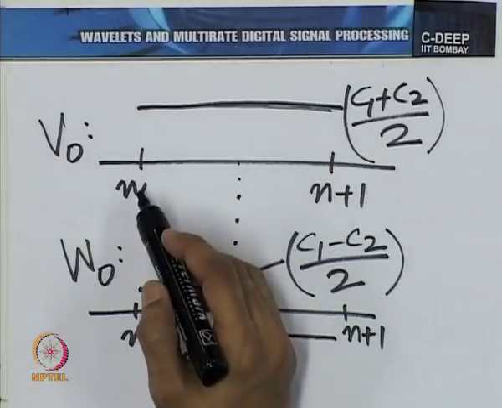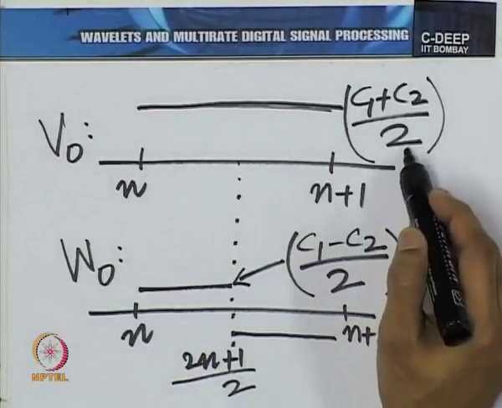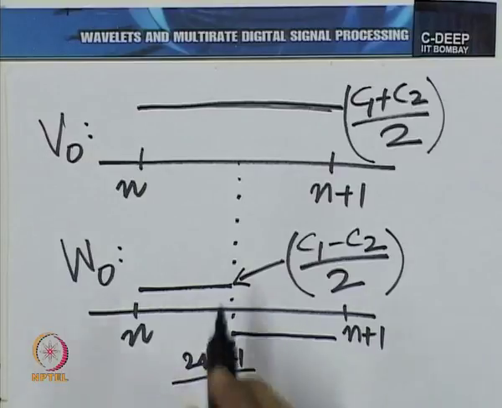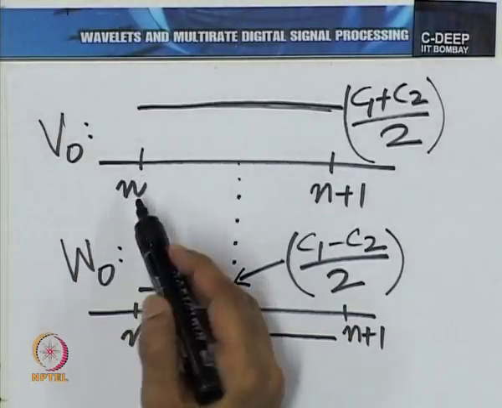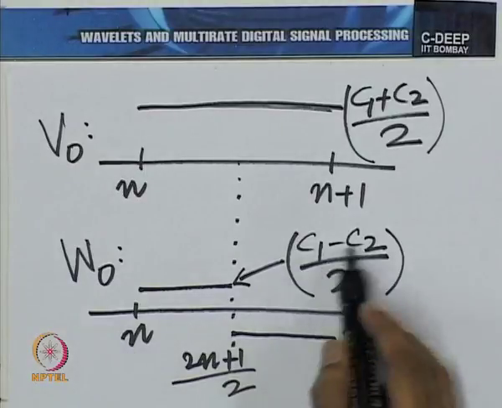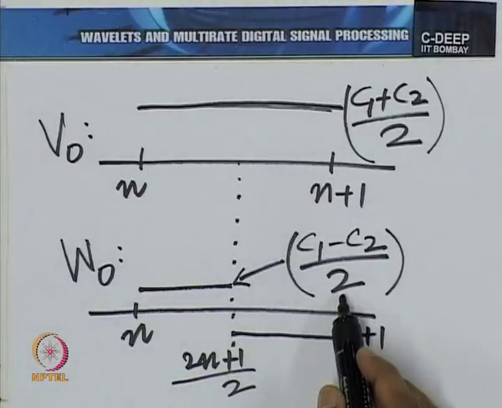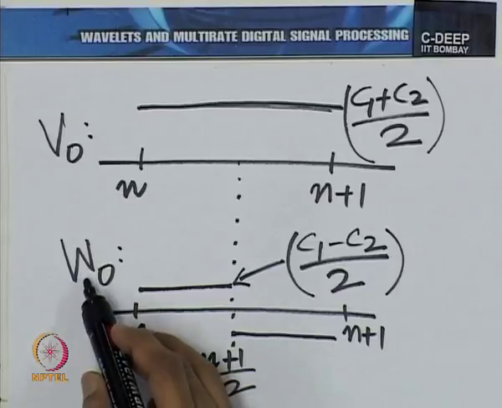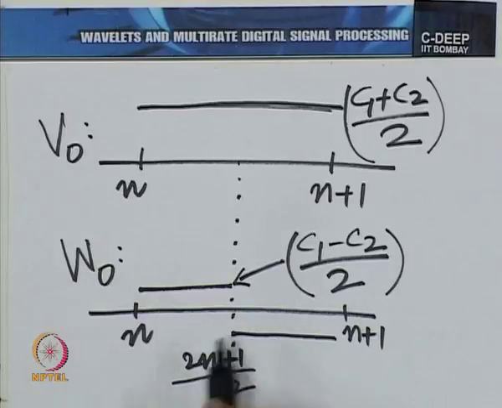So, you have the value C 1 plus C 2 by 2 for the sequence corresponding to this function at the point n, not 2n. And you have the value C 1 minus C 2 by 2 corresponding to the function in W 0, but at the point n, not 2n.